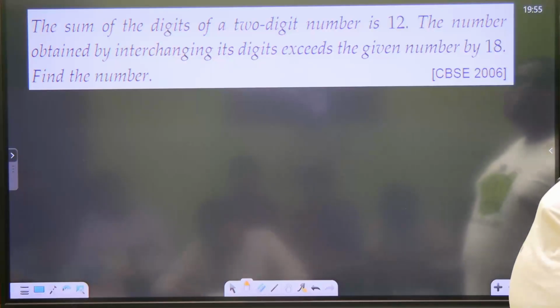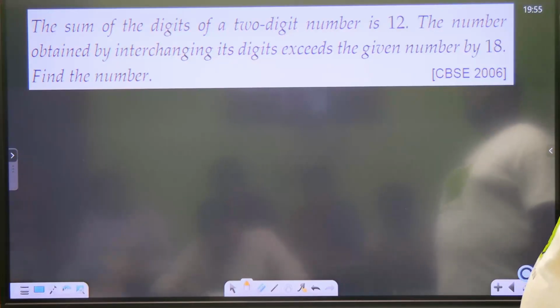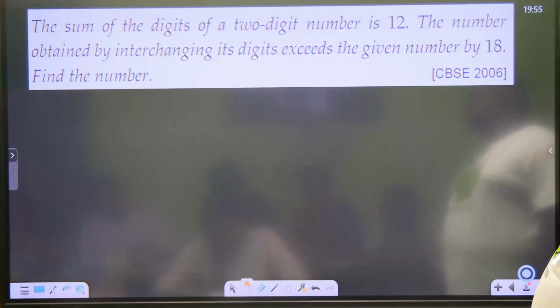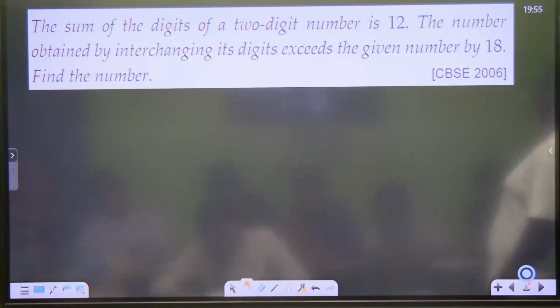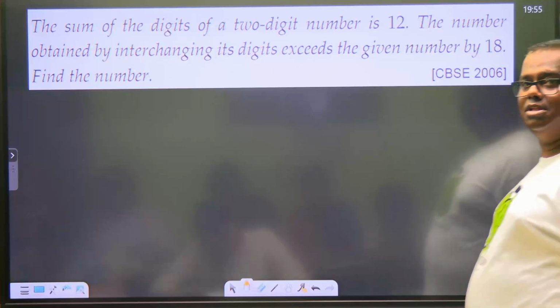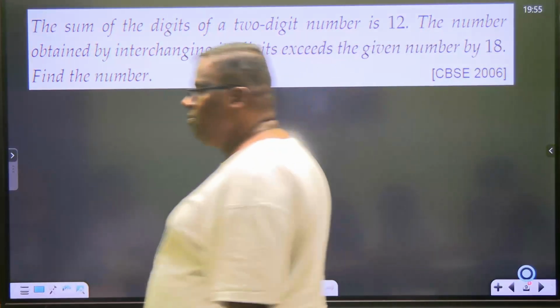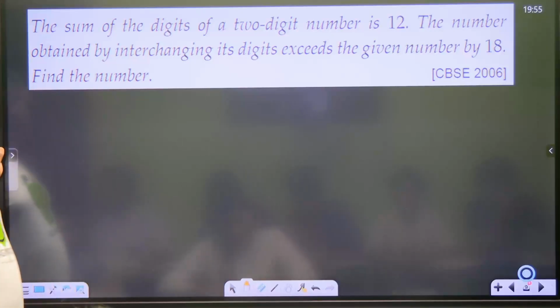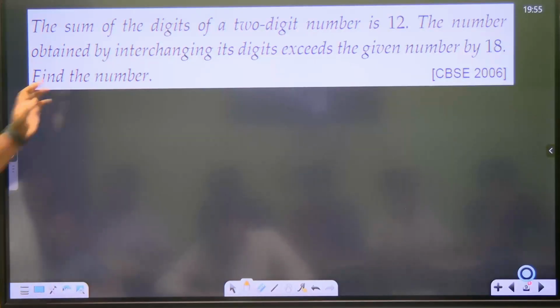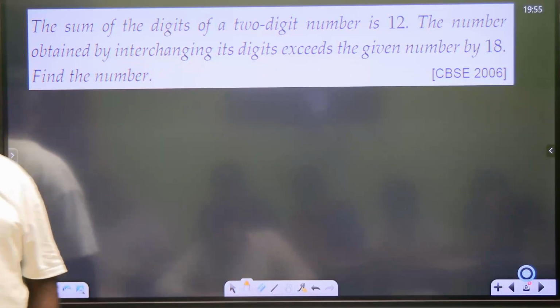So x plus y is equal to 12. Number obtained by interchanging the digits. Yes, sir? It says the sum of the digits will be x plus y, not 10x plus y. We'll take x plus y, darling. I never said 10x plus y. 10x plus y would be the number, because you need to interchange the number also.